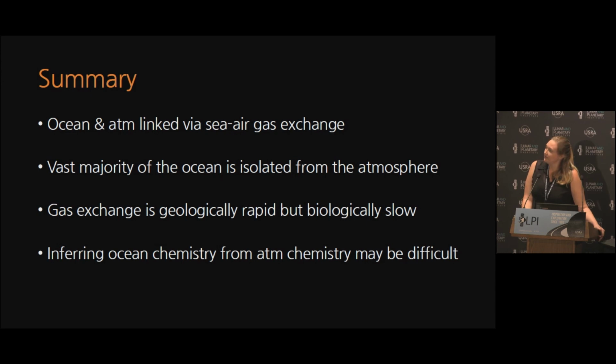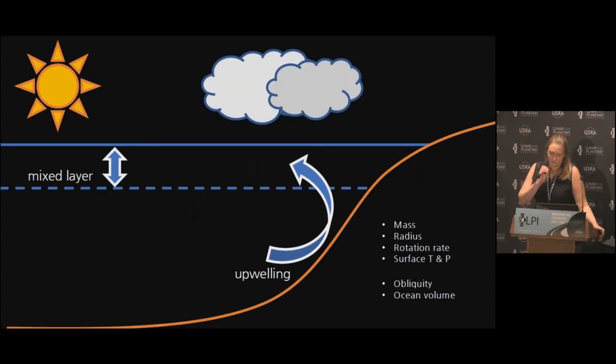And so for those reasons, inferring ocean chemistry from atmospheric chemistry is going to be quite challenging. And in some cases, we may have a very misleading view of oceans.